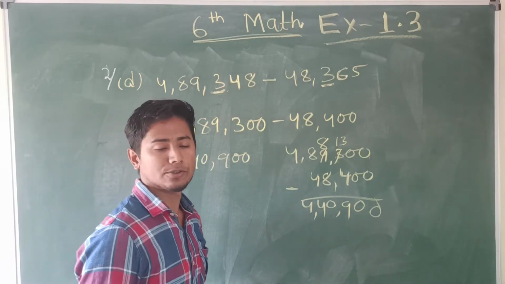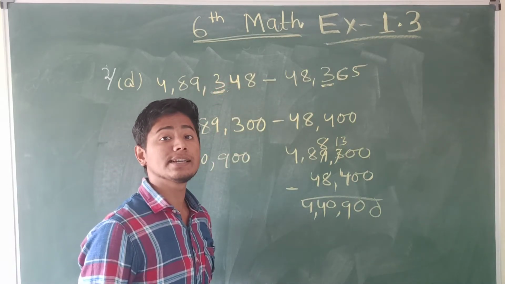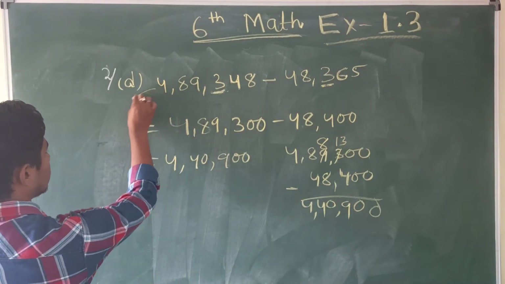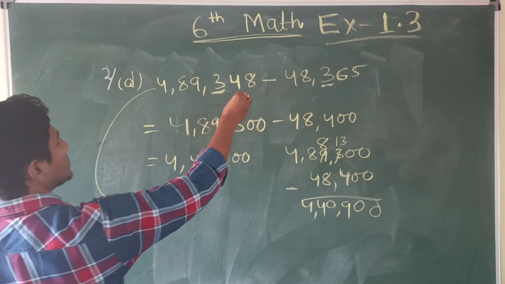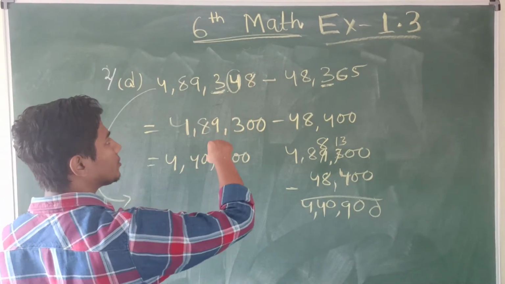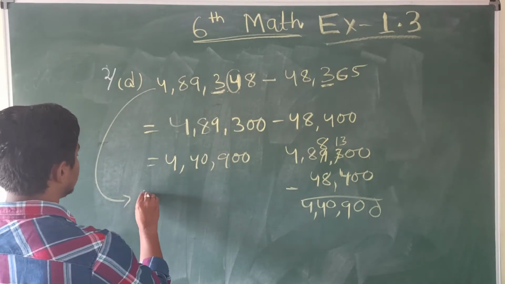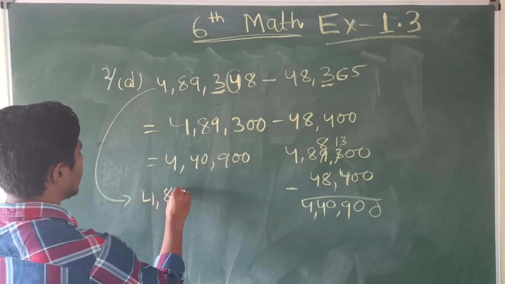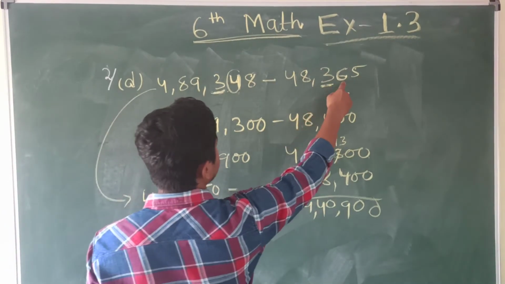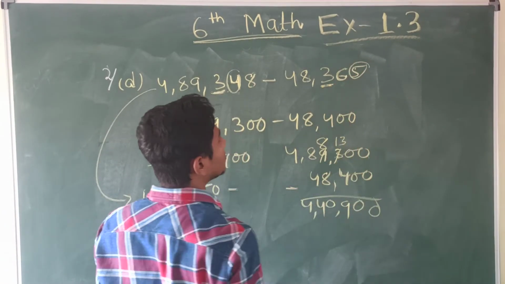So next you should rounding this number to nearest 10. So now rounding. Nearest 10 means here 4. After this 8 is there. Means this is in second group. So you add 1 here. 4,89,350 minus 6. 5 is in first group.